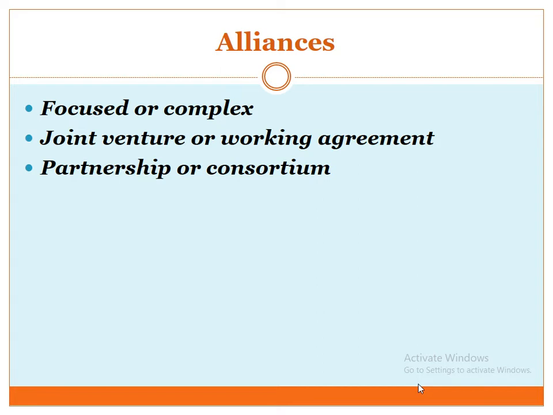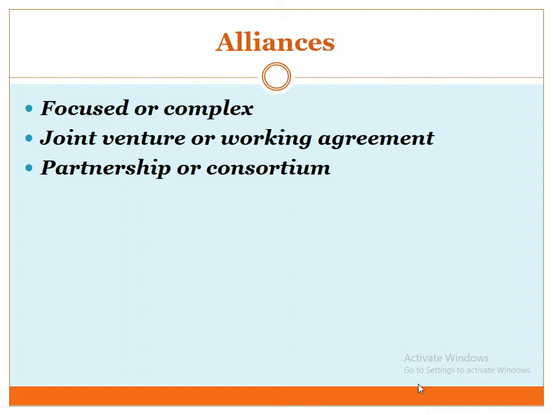The complex alliances would involve a much more substantial part of both partners being involved, perhaps retaining separate brands and marketing identities, but operationally much more interlinked. Next is joint venture or working agreement. Major tasks for a partnership cannot be handled by semi-formal agreements.